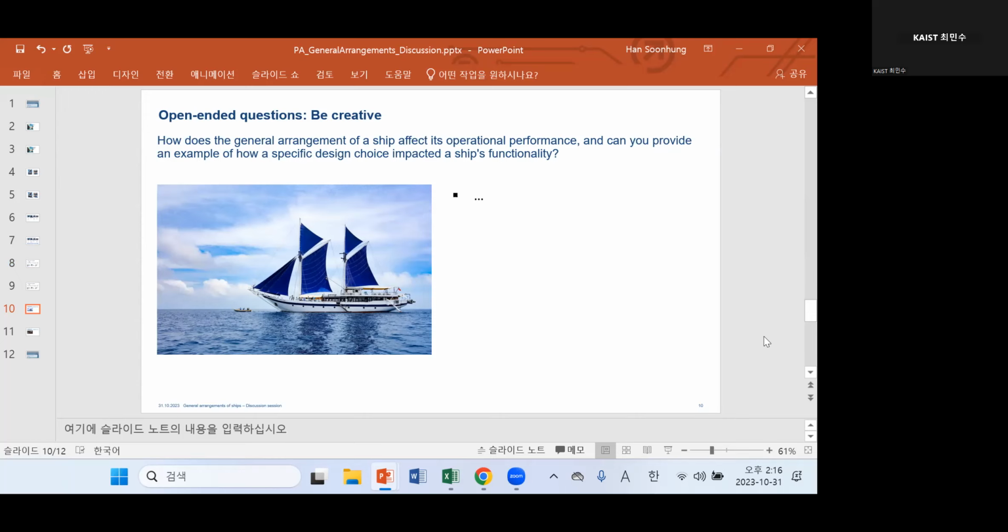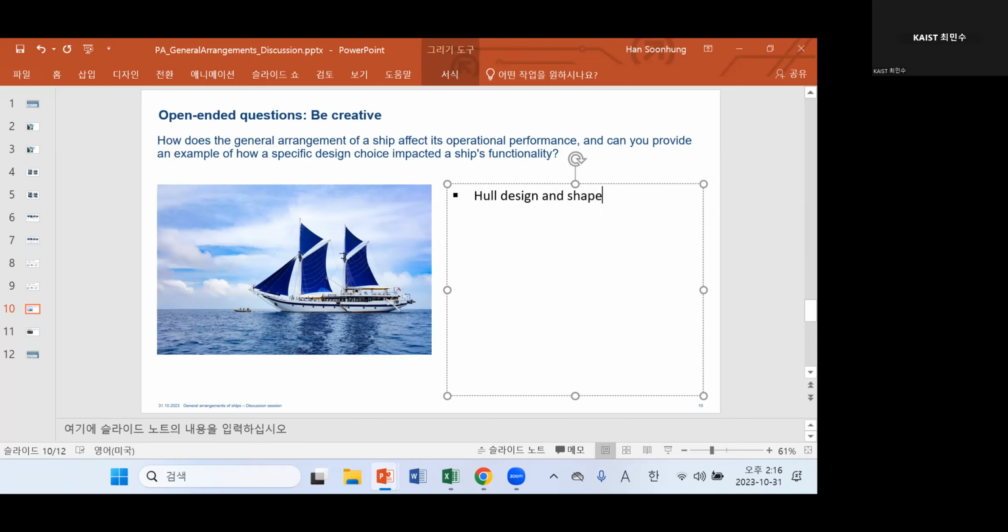This is something I mean. Well, maybe depending on the speed and weight of the desired ship, we have a certain hull design. Hull design? The shape of the equipment. The design of the deck also is really important. For example, the deck of a craft carrier will be different from a cruise ship. Very good example, yeah.